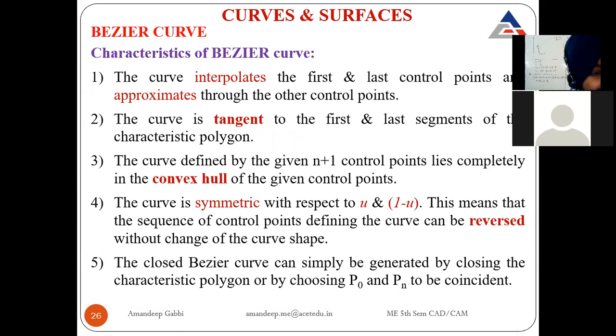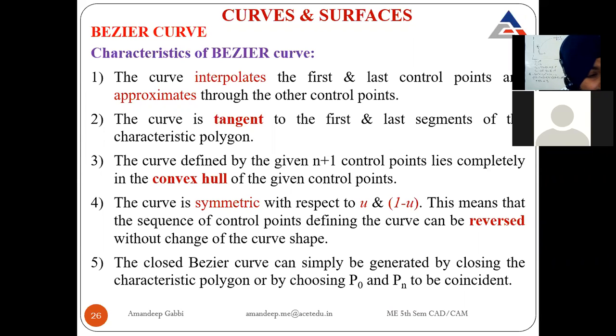Some of the characteristics of Bezier curve again. The curve interpolates the first and the last control point and approximates the other points. So the first observation is that only the first and the last point lie on the curve. All the other points lie outside the curve. The technical term for that is that the first point and last point are interpolated and the rest are approximated.